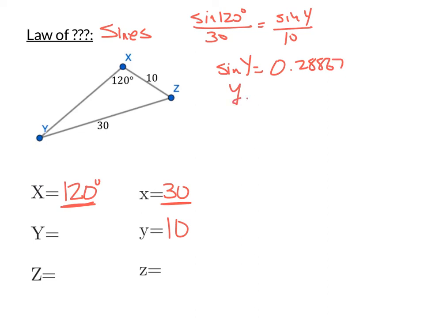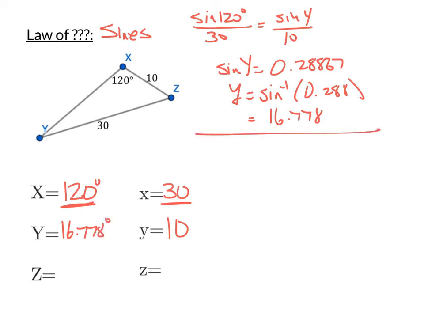So y is the inverse sine of that 0.288, which is 16.778 degrees. So we can calculate that third angle by subtracting from 180. So z is going to be 180 minus the 120 degrees, and that 16.778 degrees leaves us with 43.222.